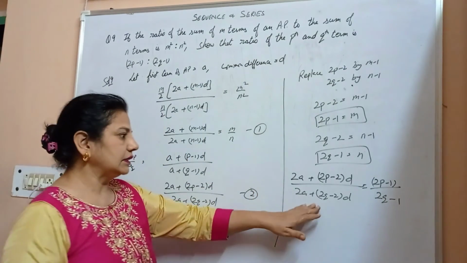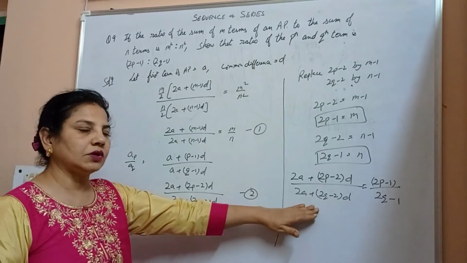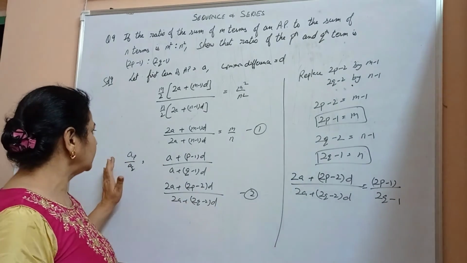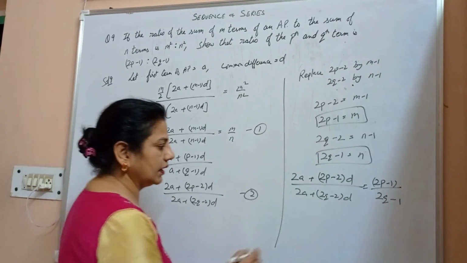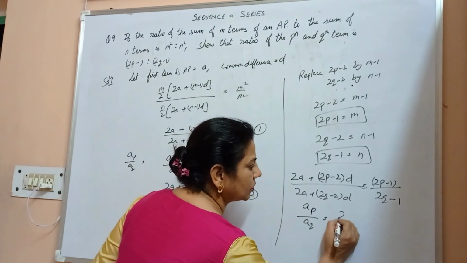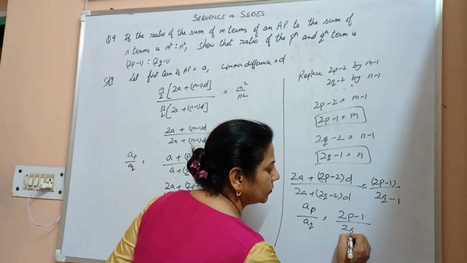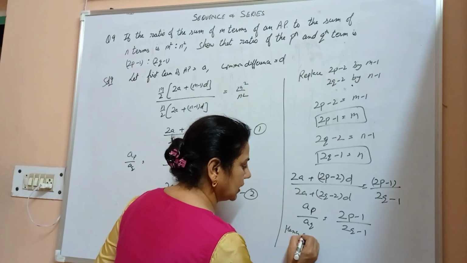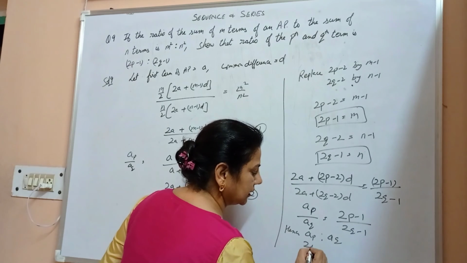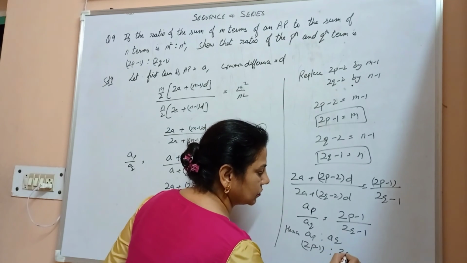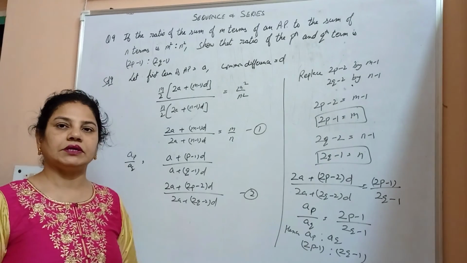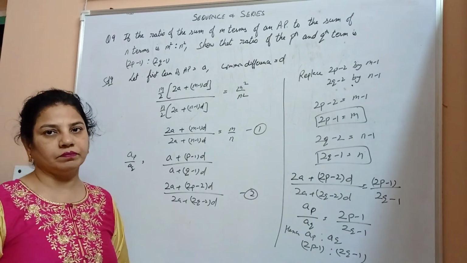And we know that this is equal to the pth and the qth term ratio. So the pth term to the qth term is equal to 2p minus 1 upon 2q minus 1. Hence I can say that the pth and qth terms are given in the ratio 2p minus 1 to 2q minus 1.